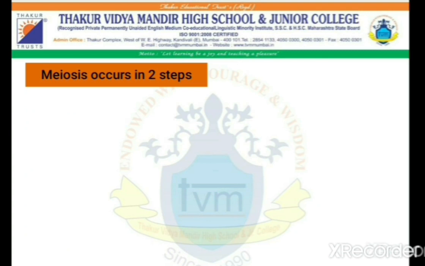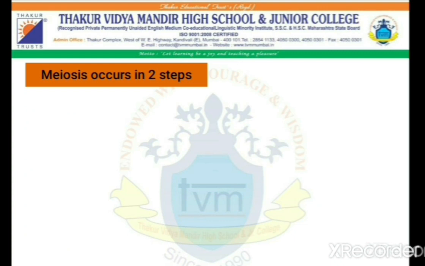In males, it is called sperm cells, whereas in case of females, it is called egg cells. So this meiosis is carried out only in germ cells.